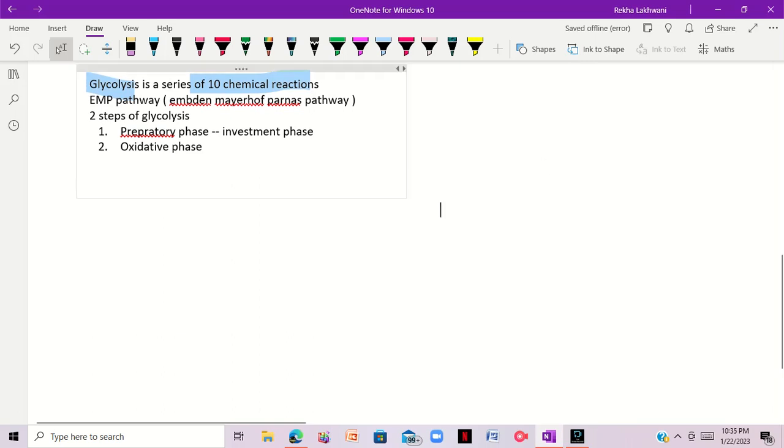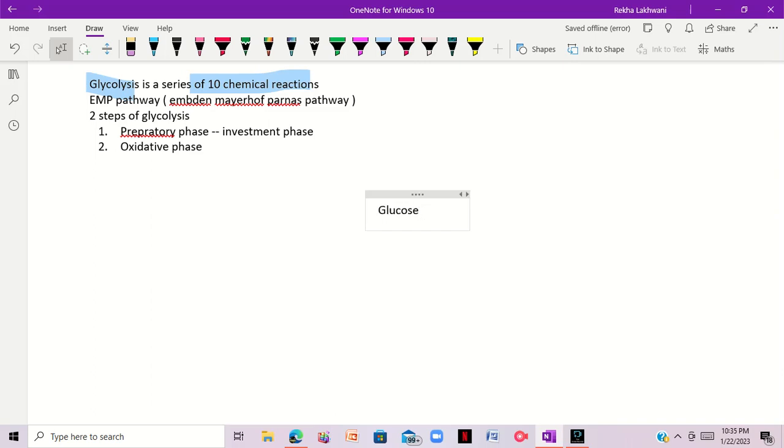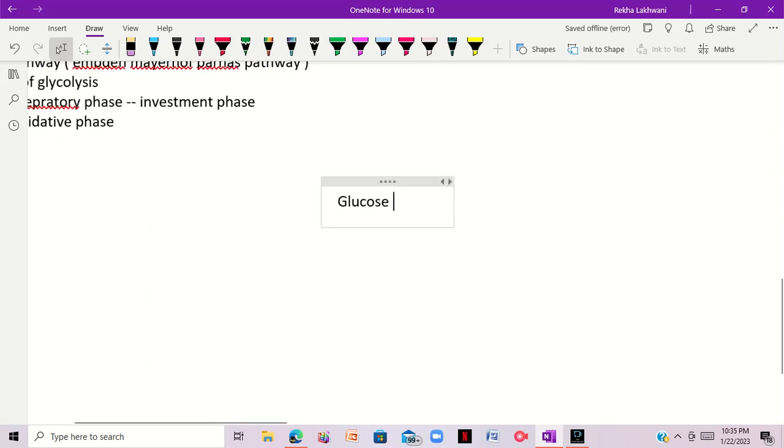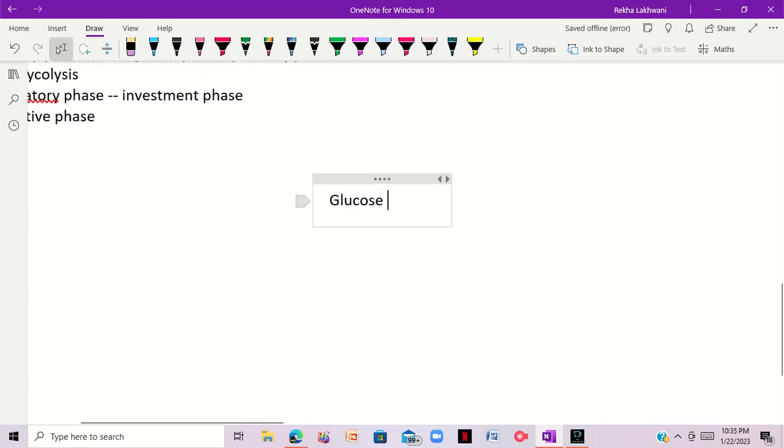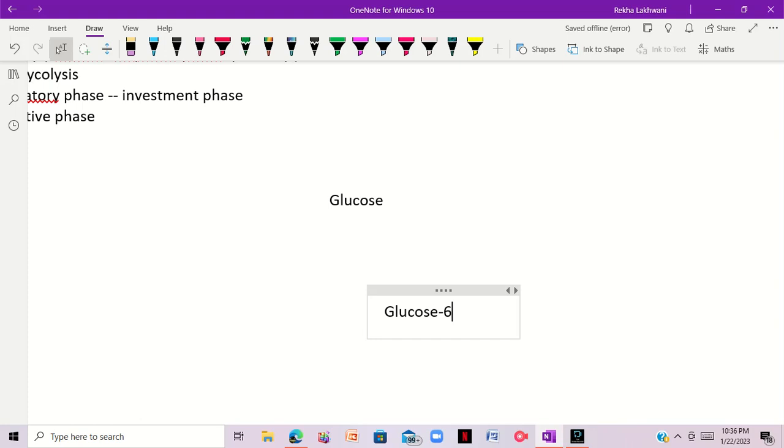Consider that here we have glucose, whose formula is C6H12O6.